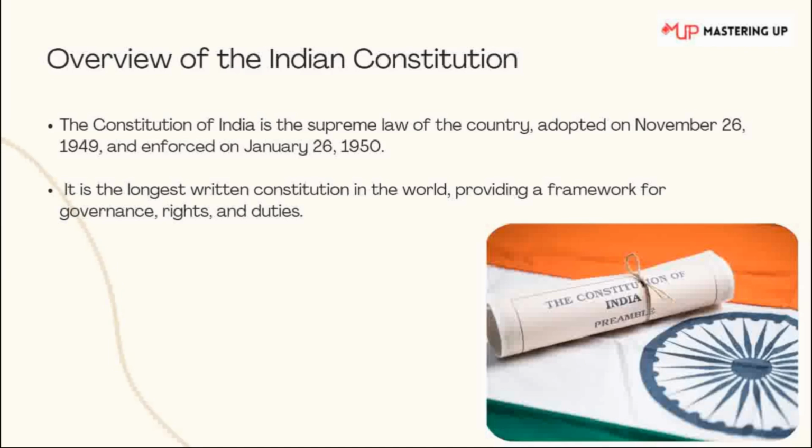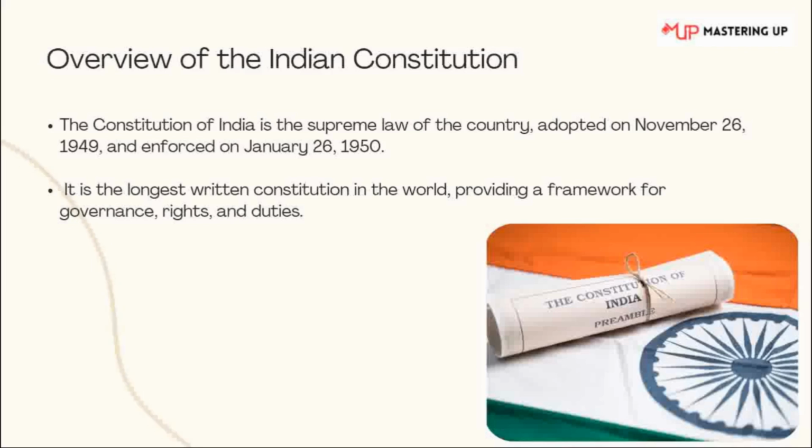At the time of its adoption, the Constitution contained 395 articles and 8 schedules and was about 145,000 words, making it the longest written constitution in the world, providing a framework for governance, rights, and duties.